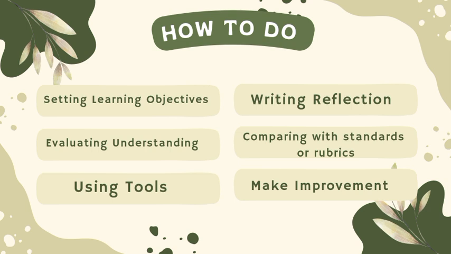And 4. Writing reflection. Students can write the things they have learned and what needs to be improved. 5 is comparing with standard or rubrics. It means assess yourself based on learned criteria. And 6 is make improvement. It means students make plans to improve the weaknesses found.